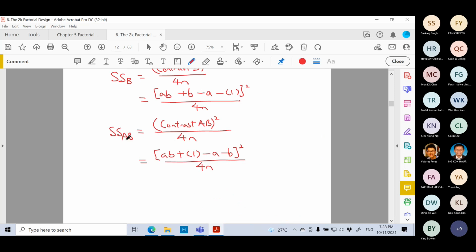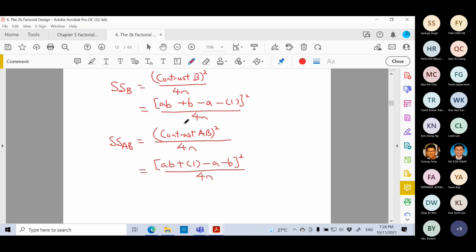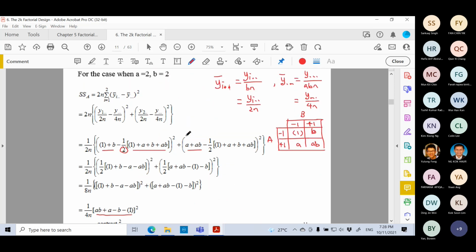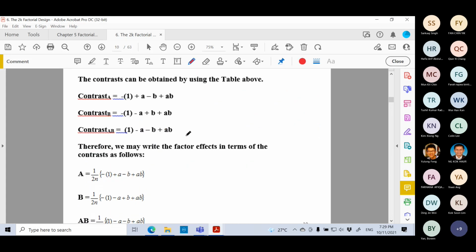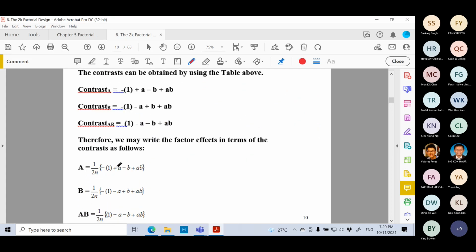You see that the sum of square uses the contrast. Similarly, the effect also uses the contrast. So there is a relationship between the effect and the sum of square. If I give you the effect, you can calculate the sum of square. If I give you the sum of square, then you can calculate back the effect.